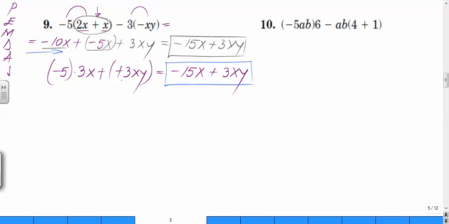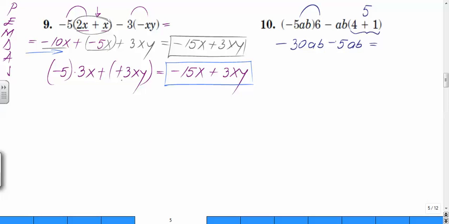Okay. Problem number 10. Negative 5ab times 6. Negative times positive is going to be negative. You multiply that 5 and 6, that will give you 30ab, right? Minus, now following order of operations, you first add that 4 plus 1, which gives you 5. ab times 5 will be 5ab.